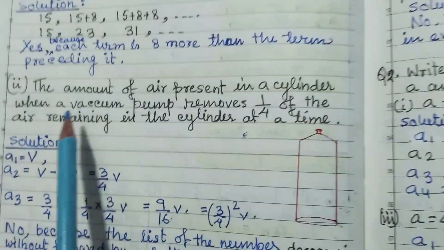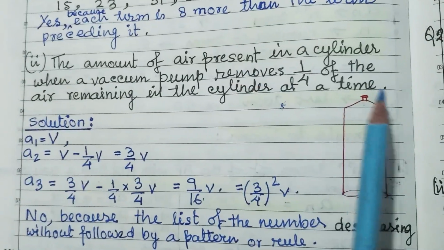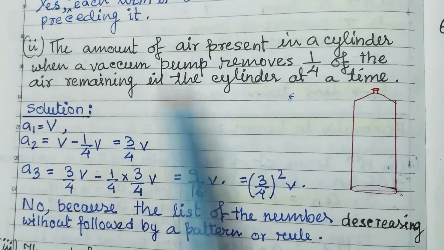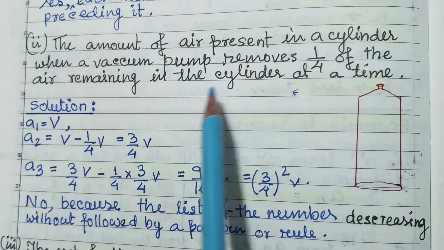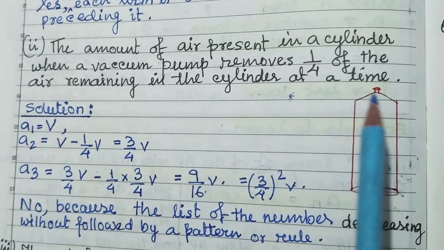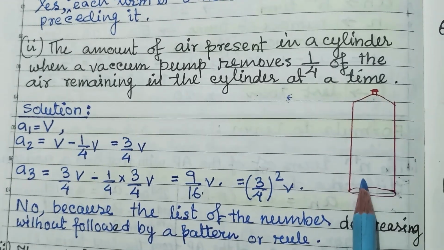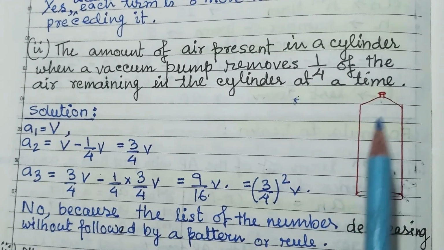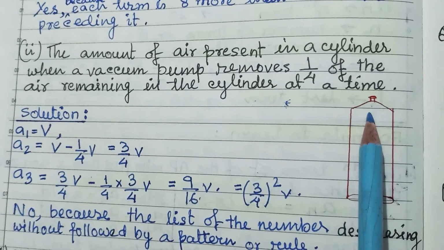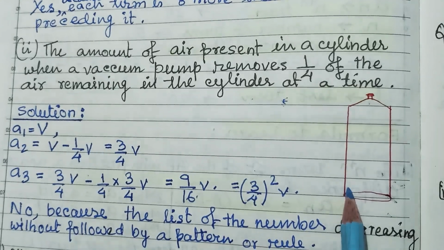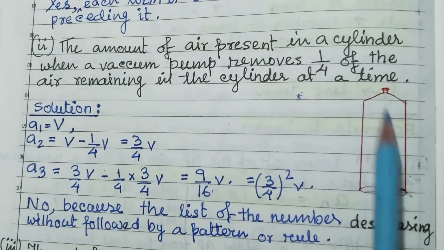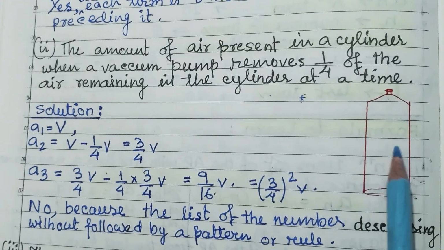Next question. The amount of air present in a cylinder when a vacuum pump removes 1/4 of the air remaining in the cylinder at a time. Take a full gas cylinder. The first time we remove 1/4 of this. Suppose this much comes out. The rest of the part, next time we take out 1/4 of that.